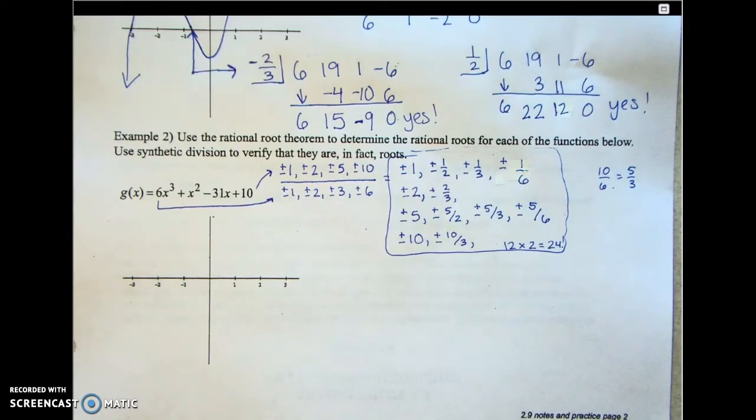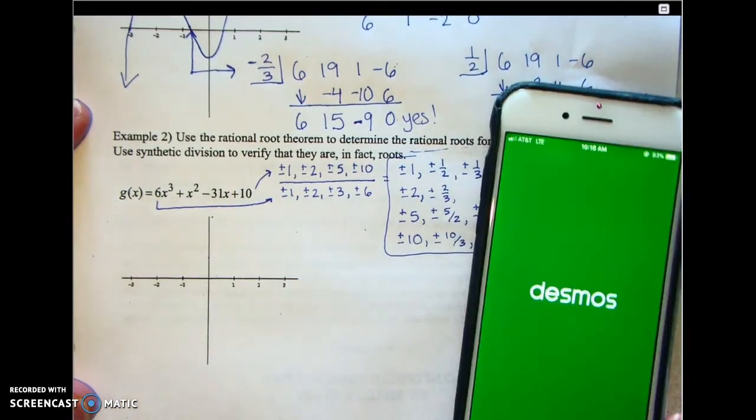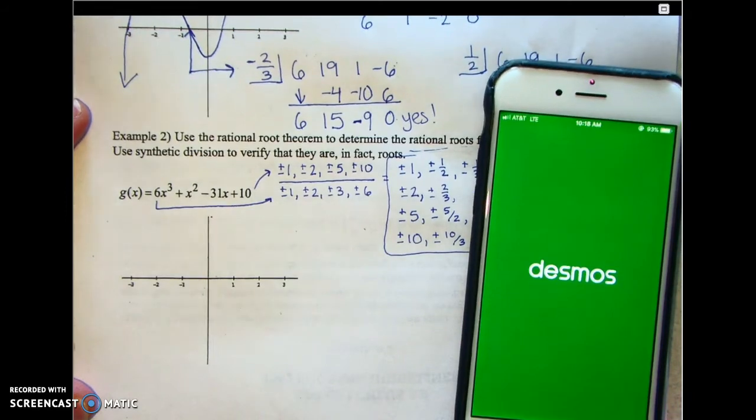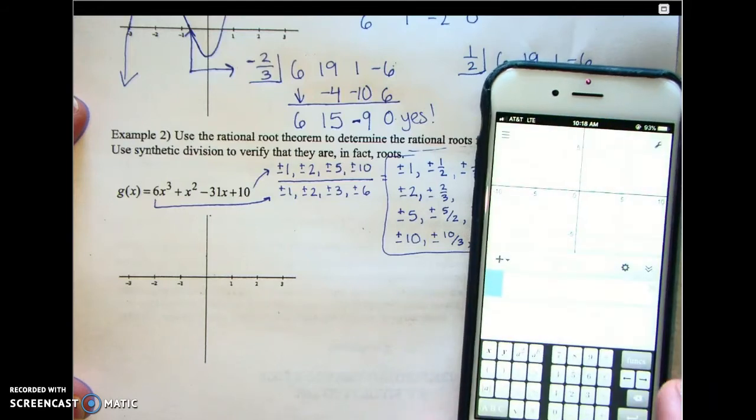All right, so now we're going to go to Desmos. And if you have Desmos on your phone, it's a lot of fun. So let's see. Here's Desmos on my phone. Loading, loading. There it is.